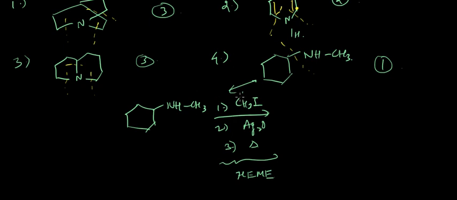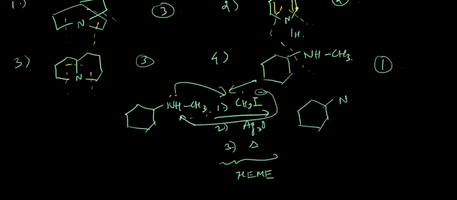What would happen is the N would attack on CH3, and as a result it would be getting substituted with this one and getting a positive charge, and the negative charge formed after CH3 was attacked by N's lone pair will attack on H plus to convert it into HI.